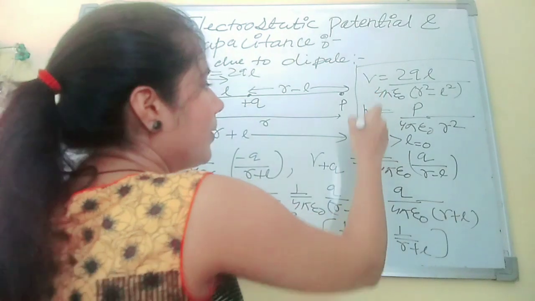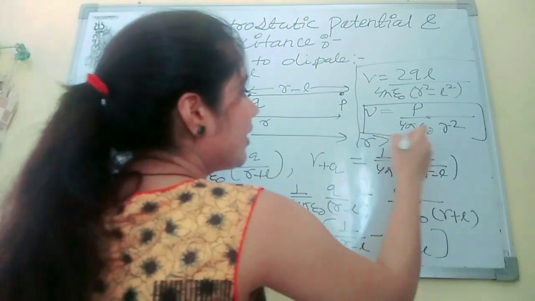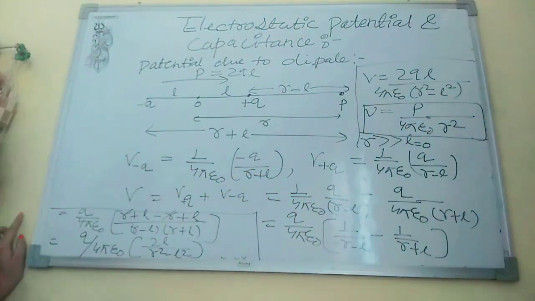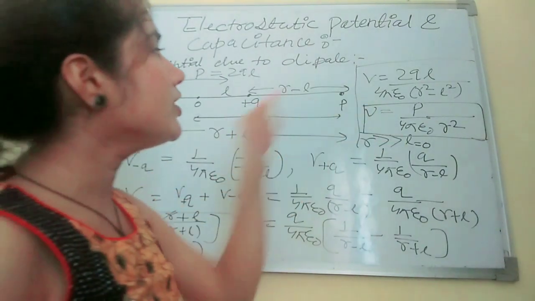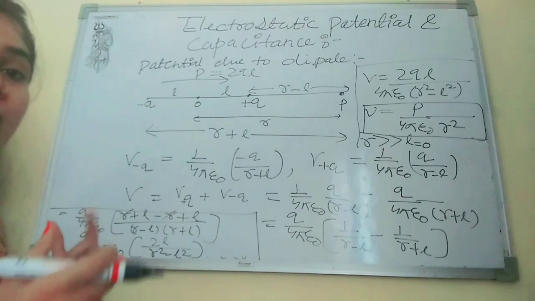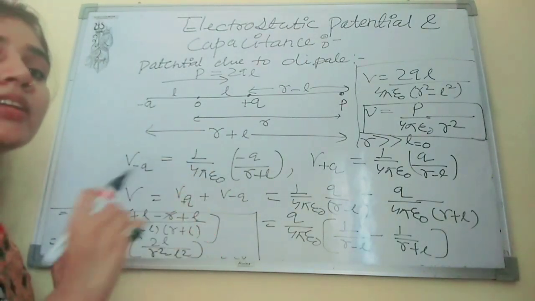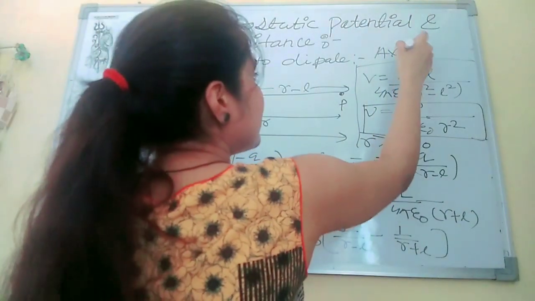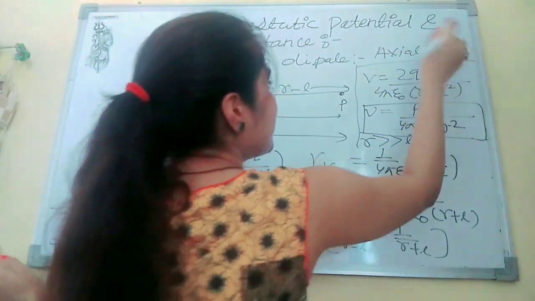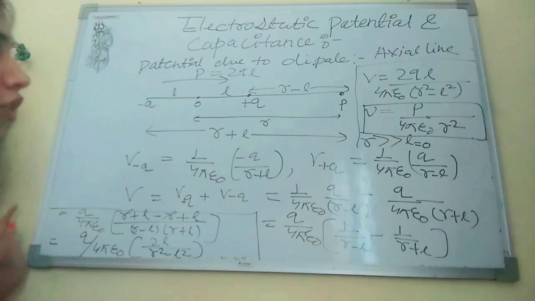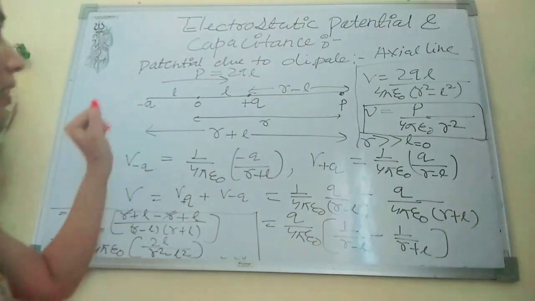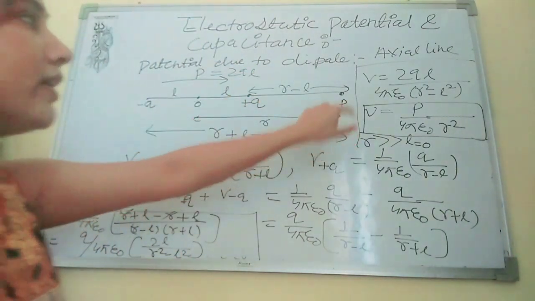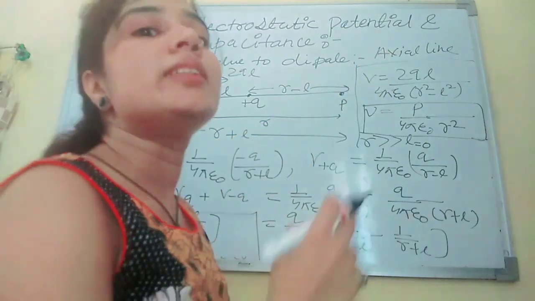So this is the potential due to dipole, and this is the potential when we are finding it on the axial line. You can mark it as the first case, finding the potential due to dipole when it is placed on the axial line.